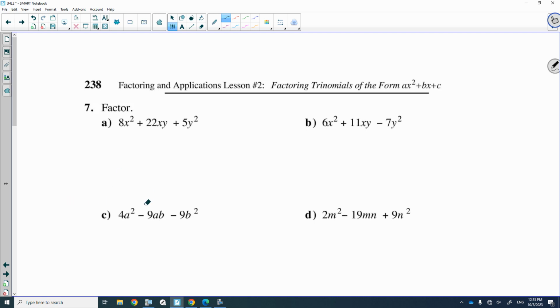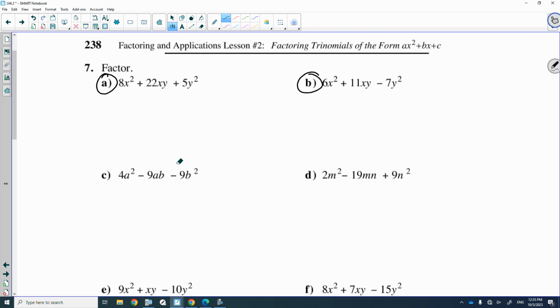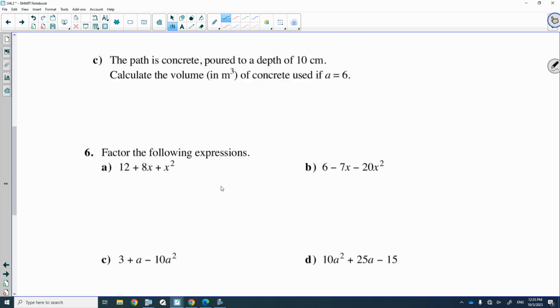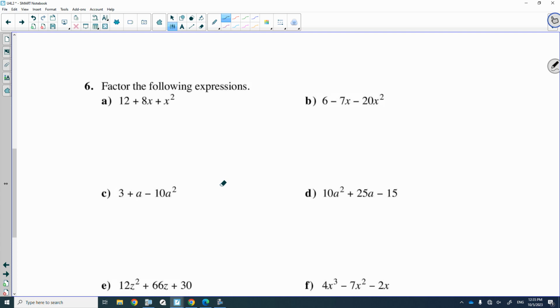Let's do A and B. And then let's find one where you'd have to rewrite it. Where's number 6? Do 6B. So just a few questions to practice decomp, and then we will do the second half.